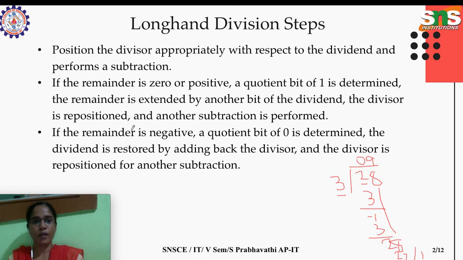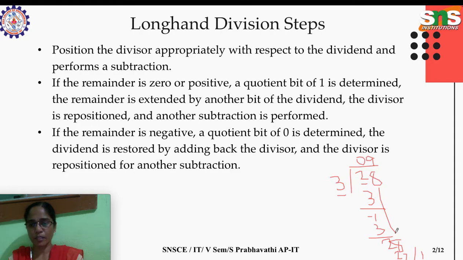What happens if the remainder is negative like this? In this situation, the quotient is 0 and we need to restore the dividend by adding back the divisor. Now we have restored: -1 plus 3 is 2. We have restored it, and then the divisor is repositioned for another subtraction.